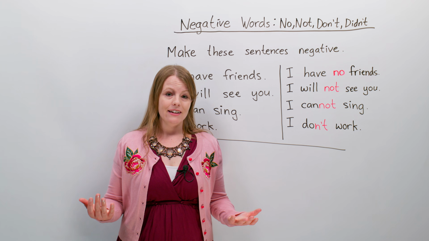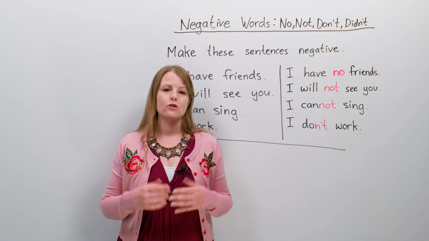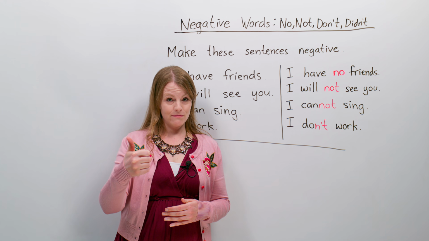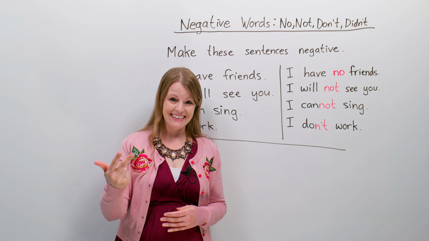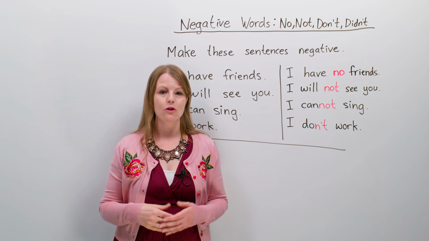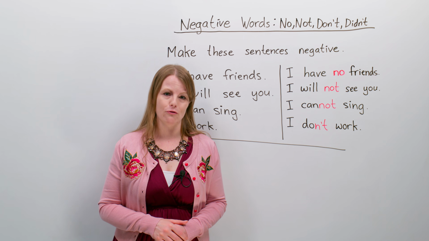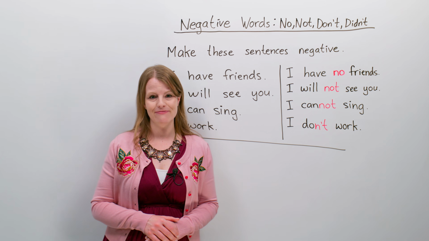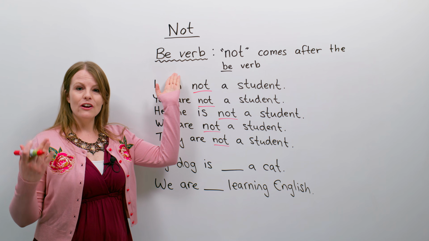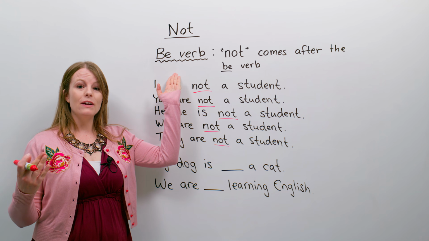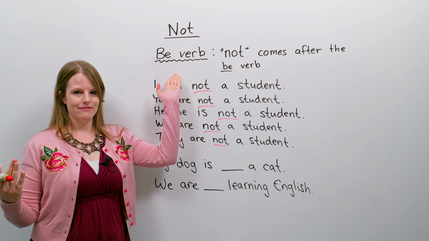So let's look at when we use no, when we use don't, doesn't, and not. What are the grammar rules for these words? Okay, so we use not with be verbs.